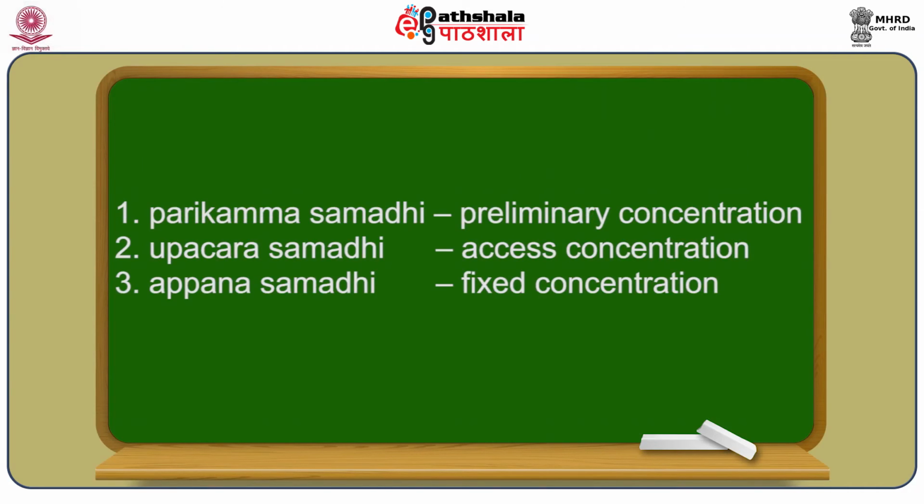Samadhi that comes out of metta bhavana is of three types of concentration. We have parikam samadhi, which means preliminary concentration. Then we have upchar samadhi, which means access concentration. And in the end, or the third type, we have apana samadhi, which means fixed concentration.